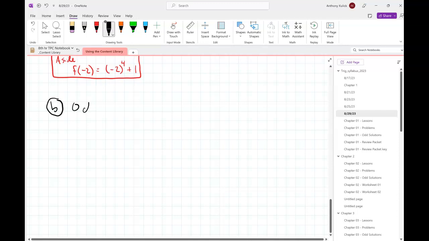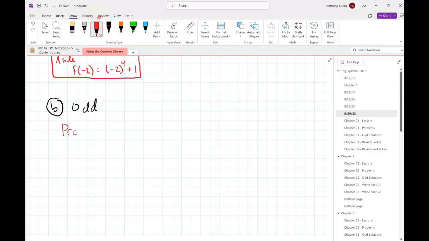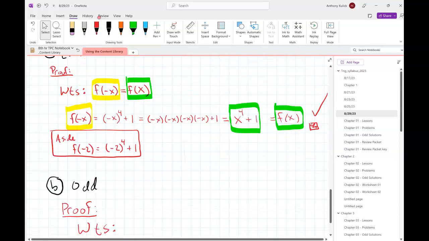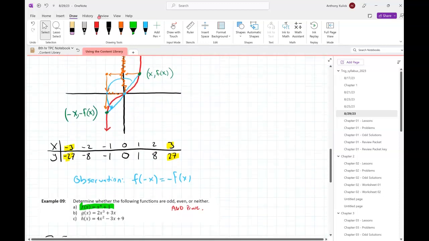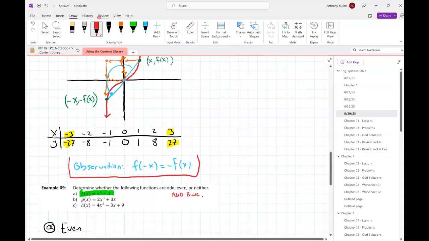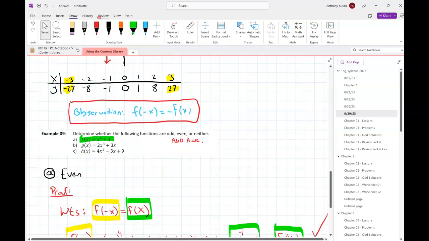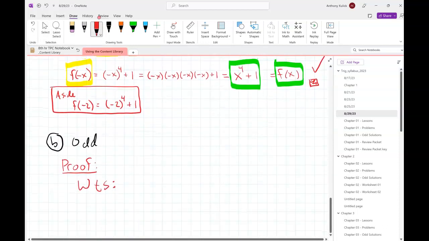All right, the point of the matter is we should have noticed that was odd. So we'll start our proof, and we begin by just writing down what we want to show. Just like for even, I'm going to use that observation that we made about odds.